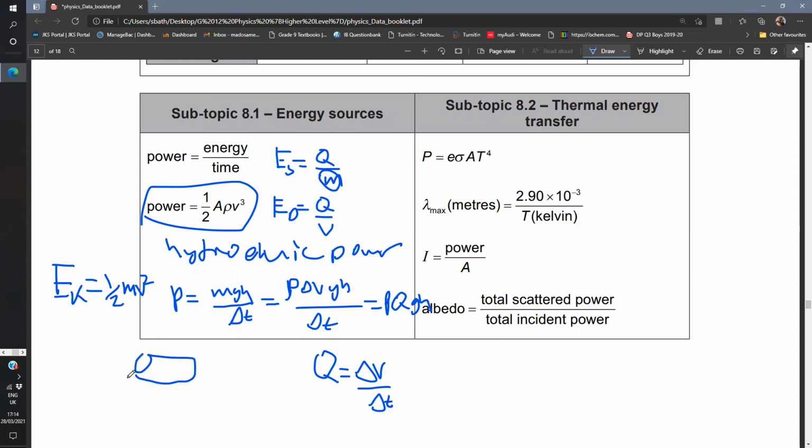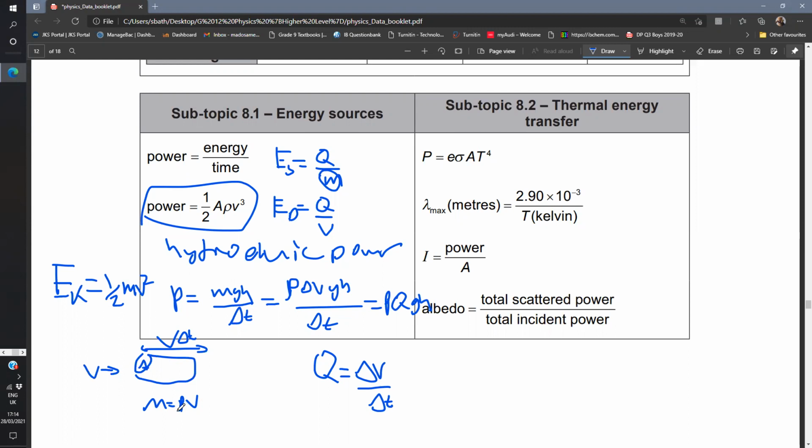It's going to rotate. Velocity is distance over time, and the mass is going to be the density times volume.